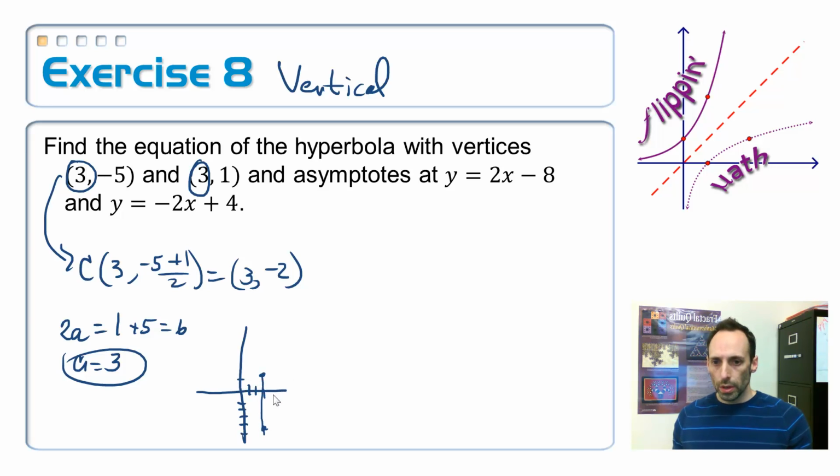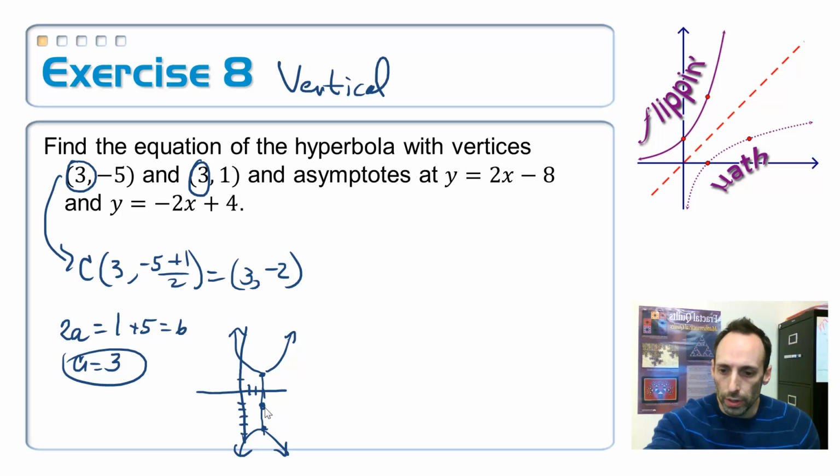Okay, so what I just drew in there is my transverse axis. All these terms getting totally confused. All right, like I said, that one is vertical. And my center point, I didn't put a dot for it, but it's right 3, -2. I need to move that down a spot, which is right there.